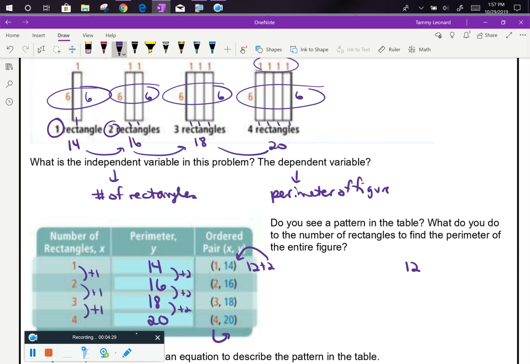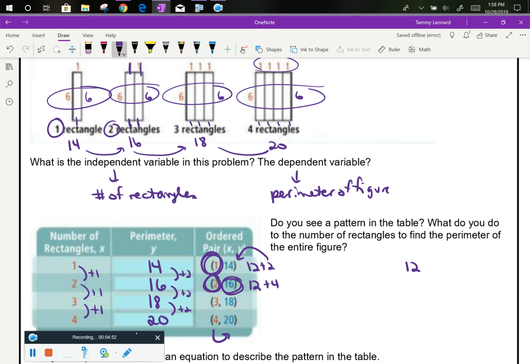And that 2 is coming from this one rectangle. Notice if I started with a base value of 12 here, I need 4 more to get to 16. And notice the 2 rectangles, I've got 2 from the top and bottom and then 2 from the top and bottom, so that's adding 4.